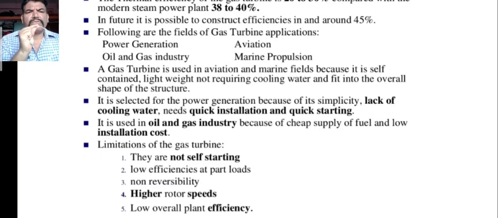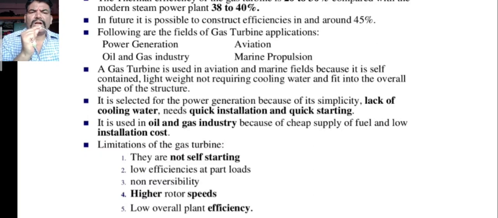It is selected for power generation because of its simplicity, lack of cooling water, quick installation and quick starting. It is used in the oil and gas industry because of the cheap supply of fuel and low installation cost. There are also limitations of the gas turbine.